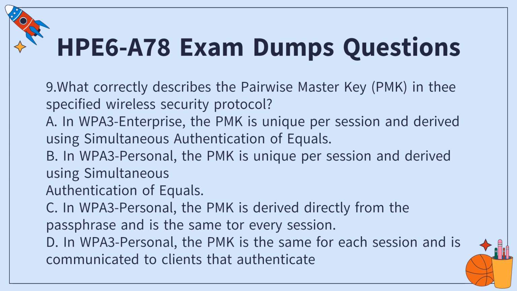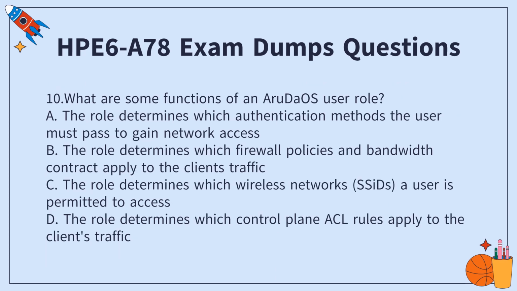C. In WPA3 Personal, the PMK is derived directly from the passphrase and is the same for every session. D. In WPA3 Personal, the PMK is the same for each session and is communicated to clients that authenticate.